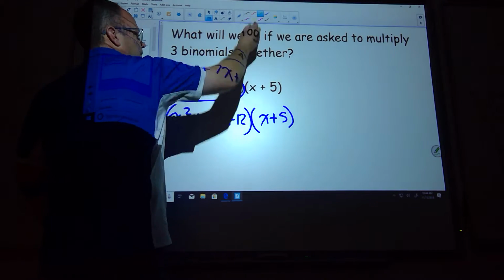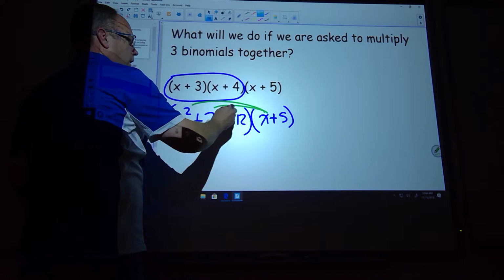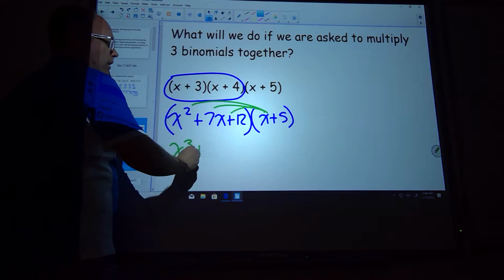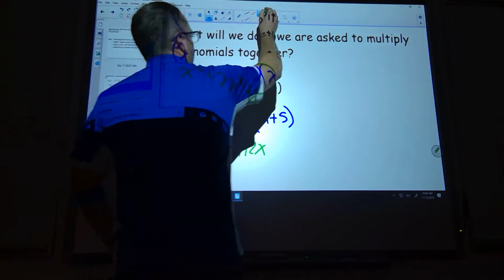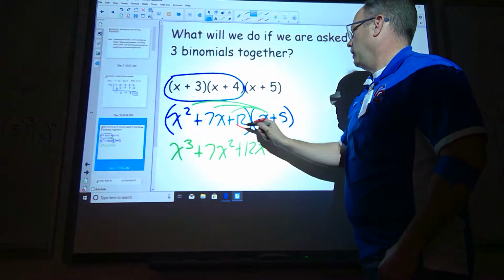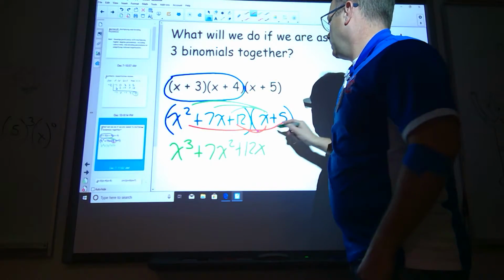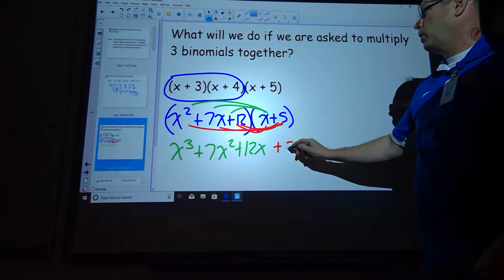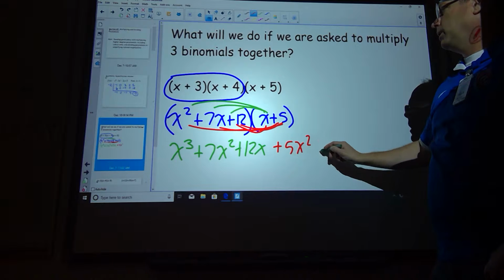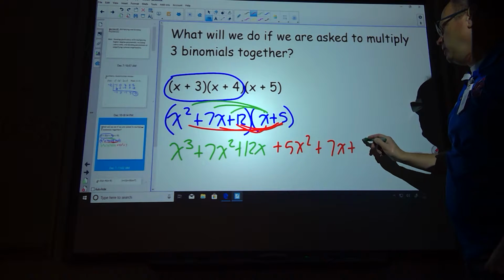So that's x to the third plus 7x squared plus 12x. And then plus 5x squared plus 7x plus 60.